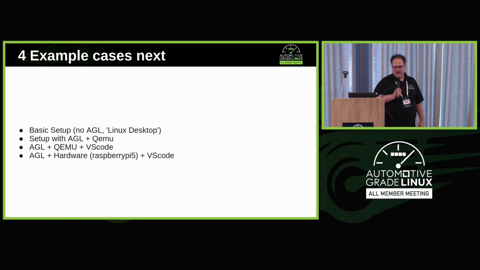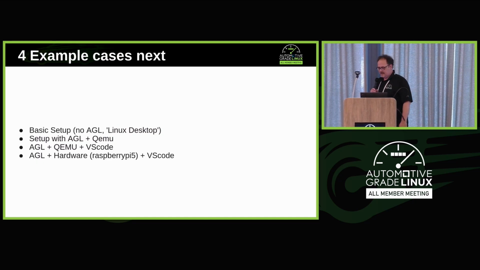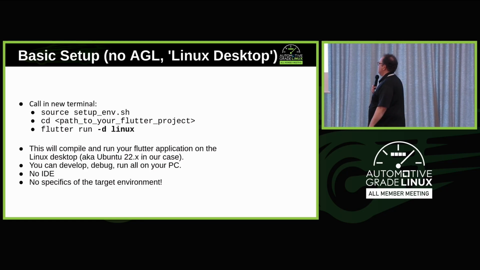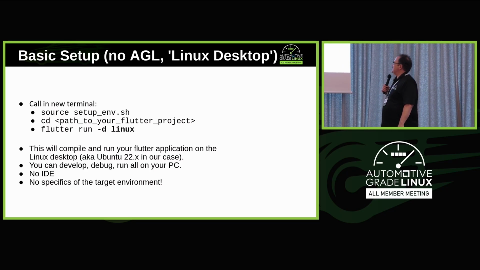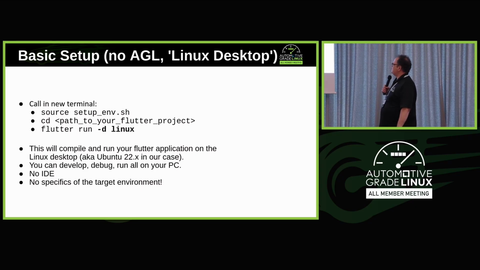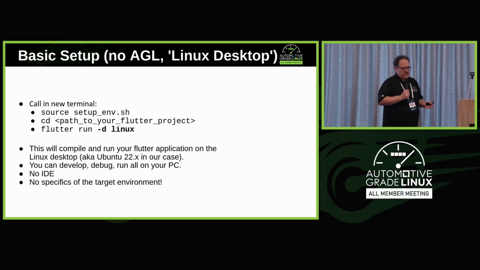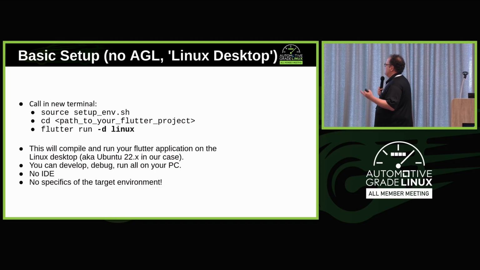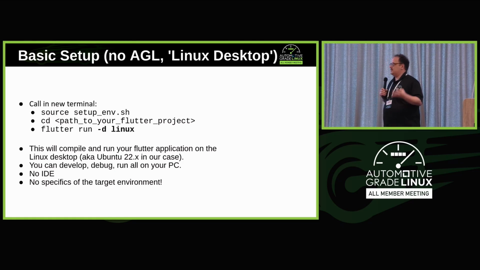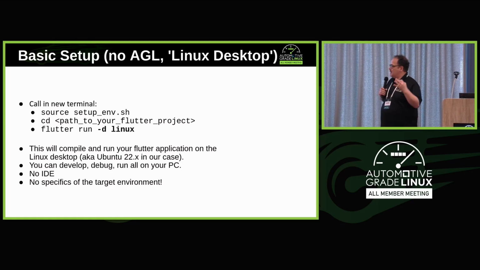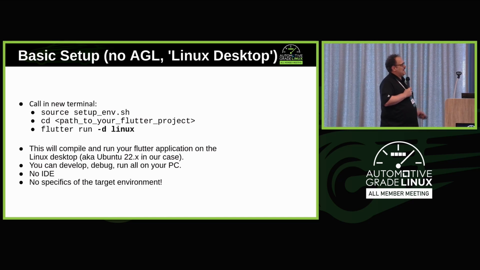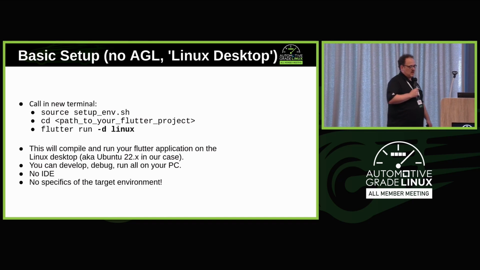Now, let me walk through the basic cases here. The most simple setup is you essentially just call flutter run, and -d linux means it's running natively on your machine, right? The good thing about this is this will just compile. It will run on your PC at native speed. You can debug it easily, but it has no specifics of the target environment, right?